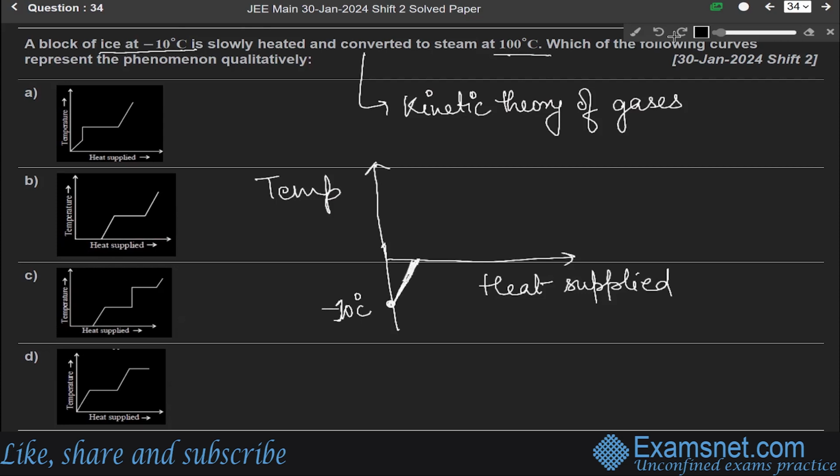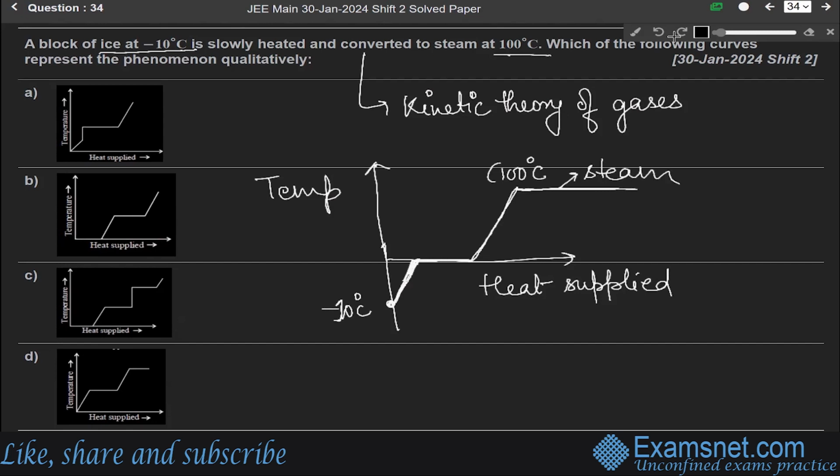Now at 0 degrees Celsius, it starts melting, and when it is heated again, the temperature rises and reaches 100 degrees Celsius, and after that the vaporization process starts, meaning it is converted into steam.